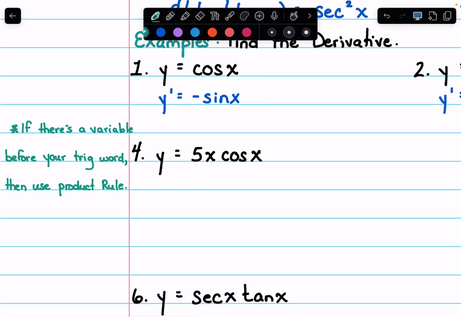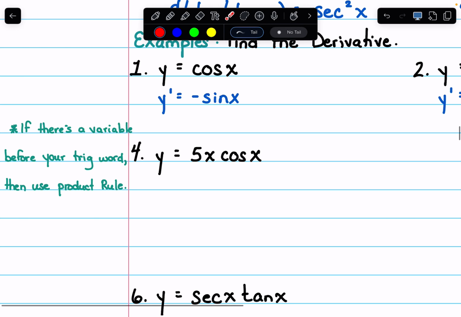Okay, because hopefully you can see that this is one thing, one term times another term, okay? And that term is not just a number, it has x in it, right?